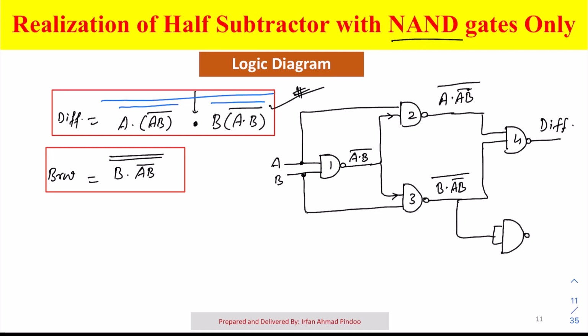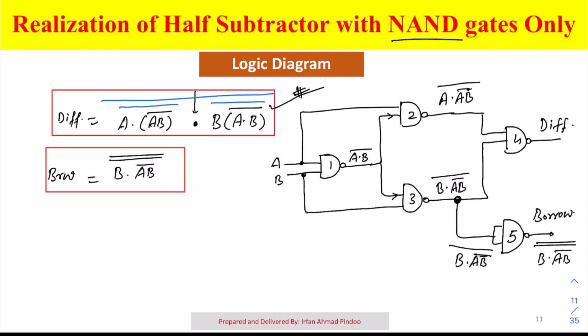The logic is, if this is X, then this will be X bar. So if this is B dot AB bar with bar, what will X bar be? It will be B dot AB bar with double bar, and that is exactly what my borrow is. So the output that we are getting is the borrow.